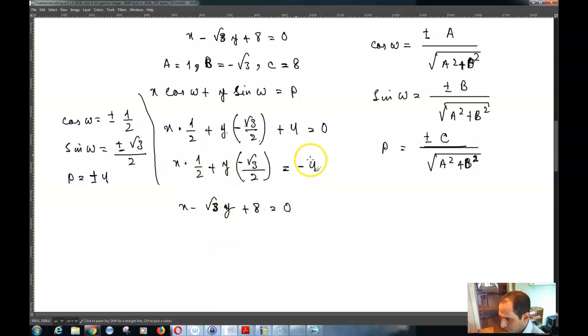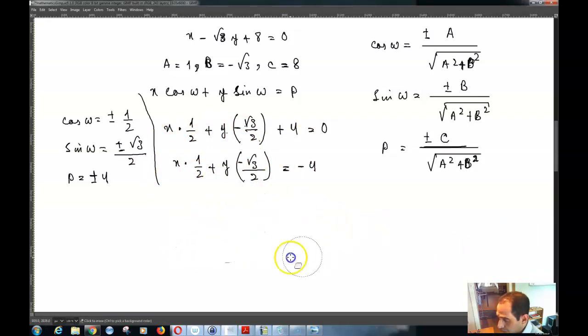And now what I have done is that I have just divided the whole equation by 2, meaning that I take this equation and write it as 1/2 x minus the square root of 3 by 2 y plus 8 divided by 2 is equal to 0, and that's basically what I have over here. If I move this one to the other side, I will get exactly this equation.